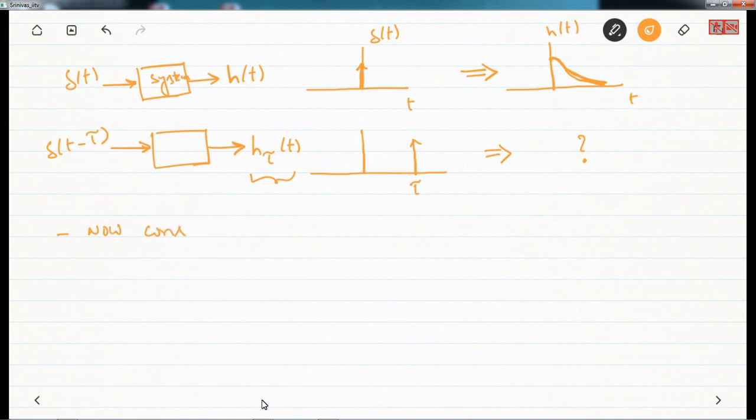Now consider, or assume, that the system... so this is h tau of t, and we don't know what it is.